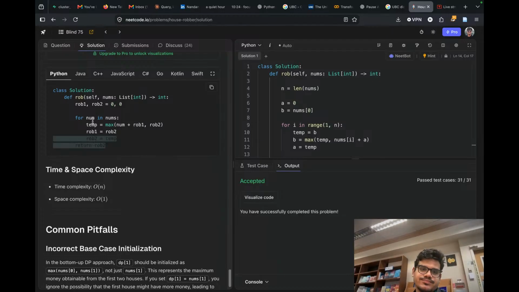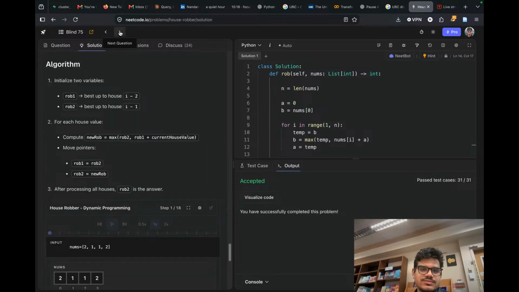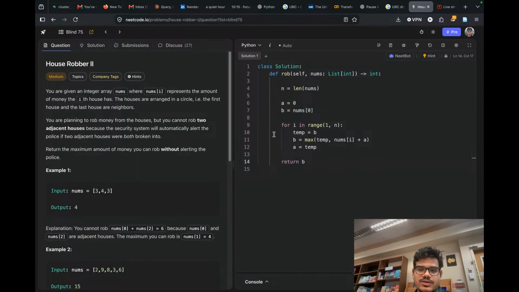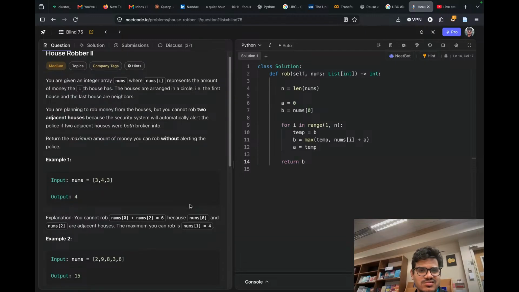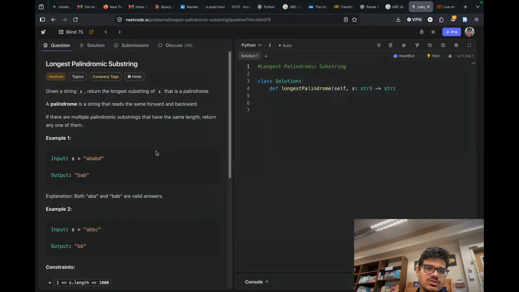Makes sense. So let's move to the next question. Yeah, here you go. That is House Robber II. I think this is what we solved, right? Yeah, let's move forward.